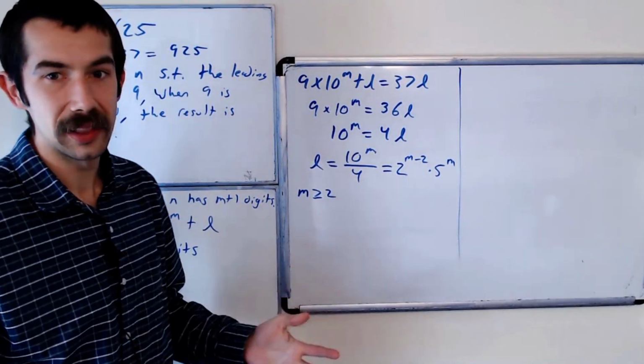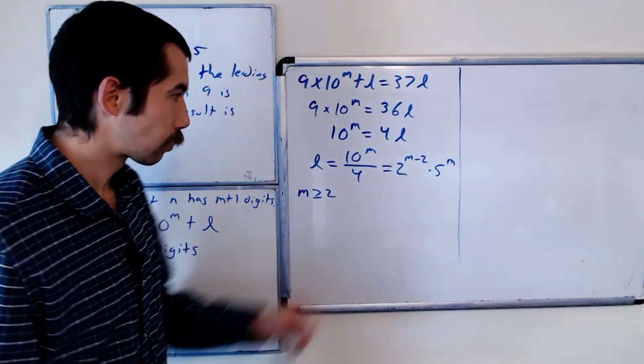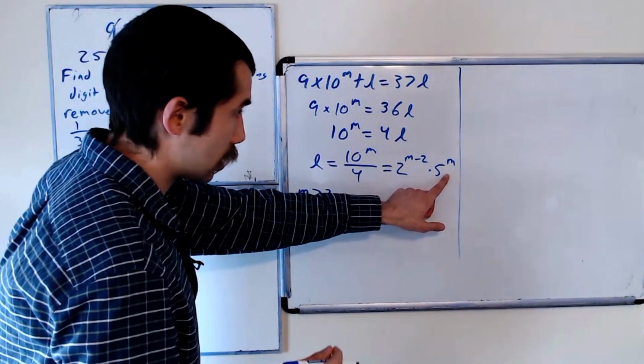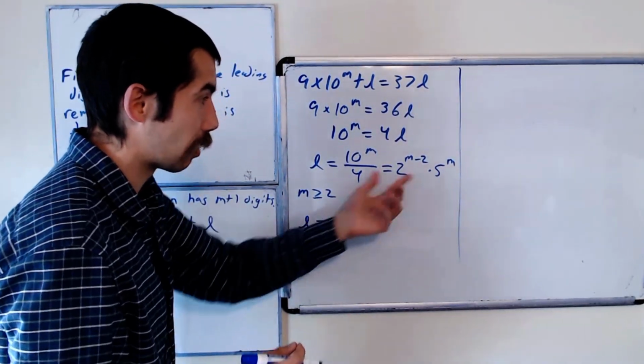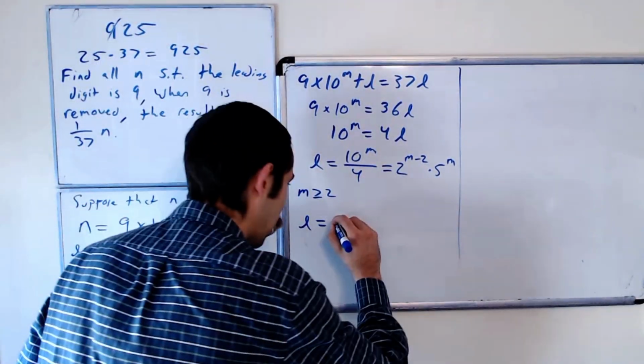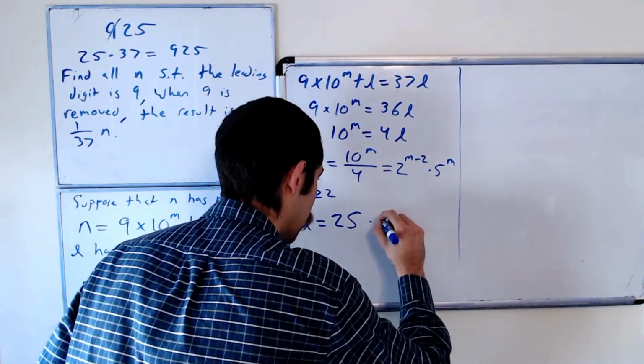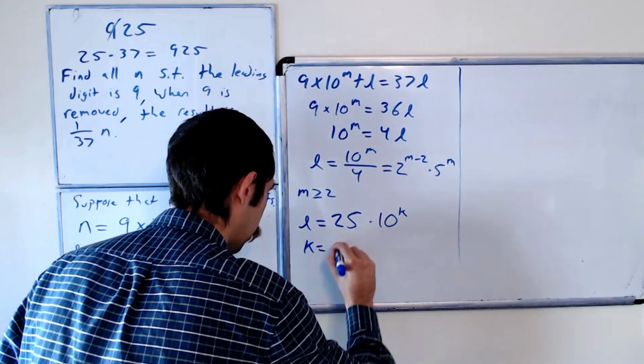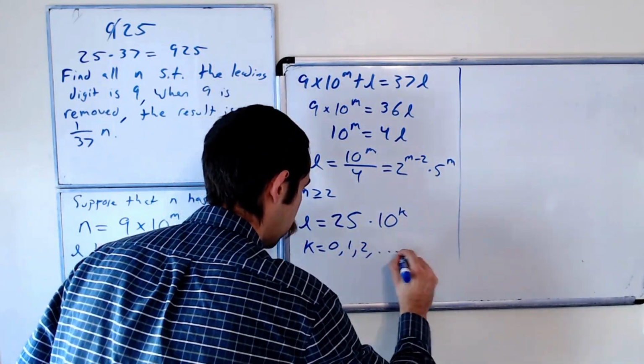But other than that, there's no other conditions. So L could equal, well, let's take 2 factors of 5 out so they have the same exponent, 25 times 10 to the k for k equals 0, 1, 2, and so forth.